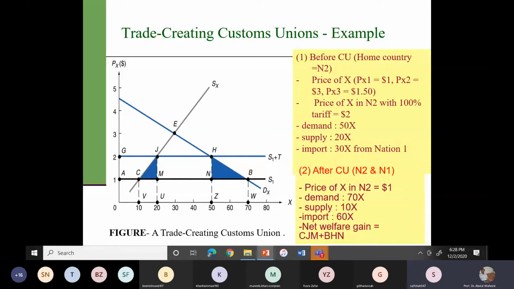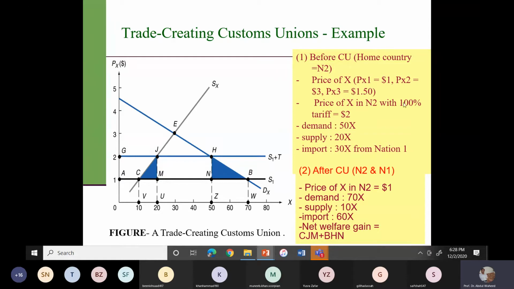Yes, you have comparative disadvantage. So if you want to produce this good, there would be efficiency losses, deadweight loss. So that's why if you have comparative disadvantage, then you have to import this good rather than producing it domestically.